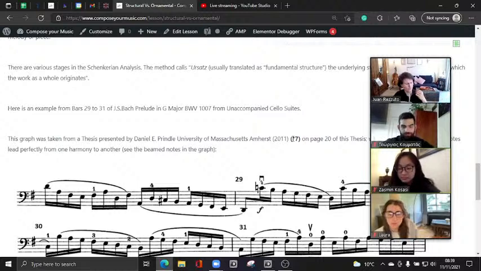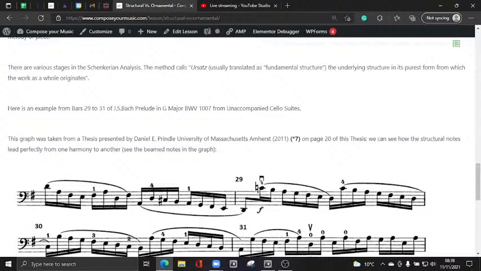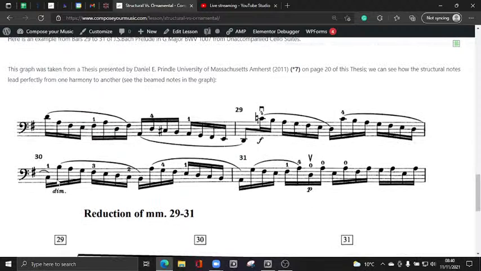Structural Hearing is one of the most important books that Felix Salzer published, which is very interesting. If you can read that book, it's amazing. It explains in detail the steps and symbols of analysis that you come across in Schenkerian analysis. But we're not going to go through Schenkerian analysis now because it's extremely long.